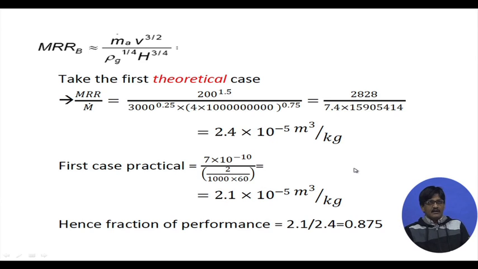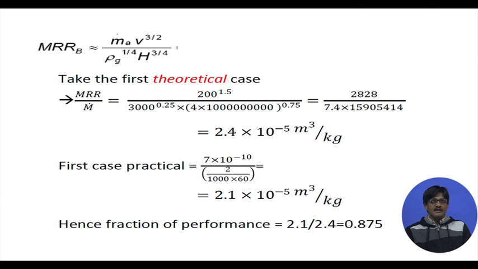Let us have a look how this is done. We know that MRR of a brittle material is proportional to, or rather we can also say it is equal to, 1.04 into m dot A, where m dot A means the abrasive mass flow rate, multiplied by velocity of the gas jet to the power 3/2, divided by density of the abrasives to the power 1/4 and hardness of the workpiece to the power 3/4.